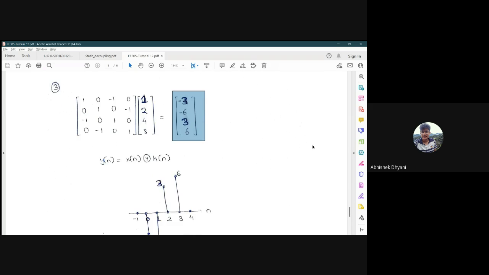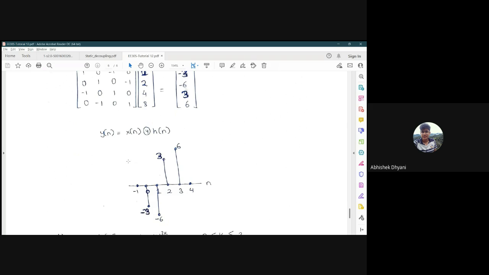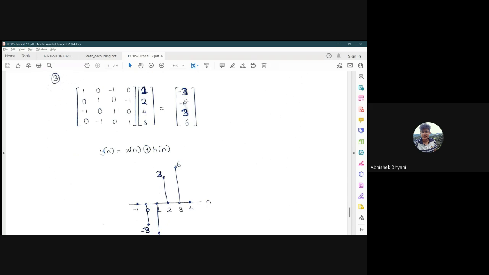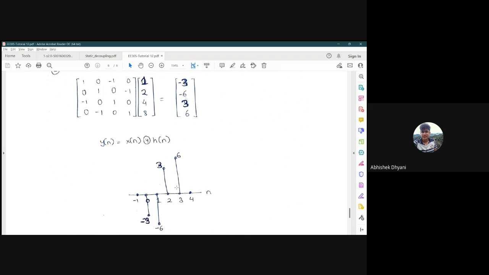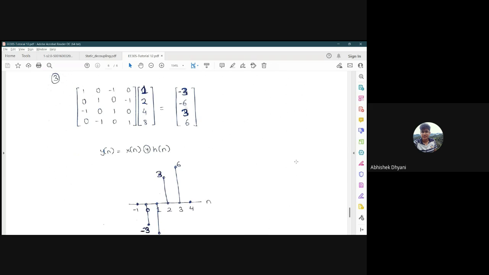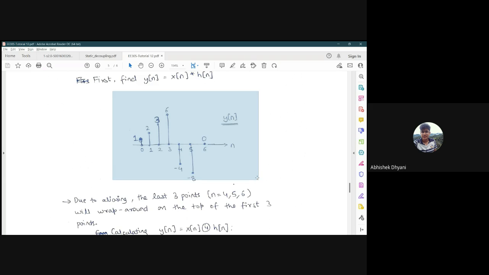So that means that when we find this convolution y of n, which is x of n circularly convolved with h of n, with the resulting sequence of length 4, we will get minus 3, minus 6, 3 and 6. So this is what the resulting sequence is, and it is different from the sequence that we got by the simple convolution, right?